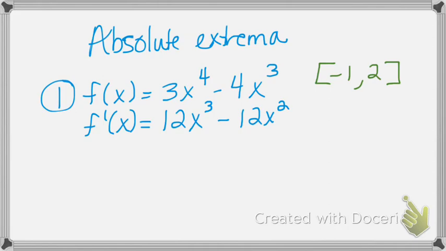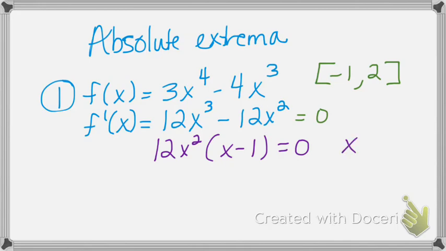When we find the derivative and set it equal to 0, we go ahead and solve it, factor out what's in common, and solve. So we get x equals 0 and x equals 1. So in the interval from -1 to 2, the only possible mins and maxes are x equals 1.